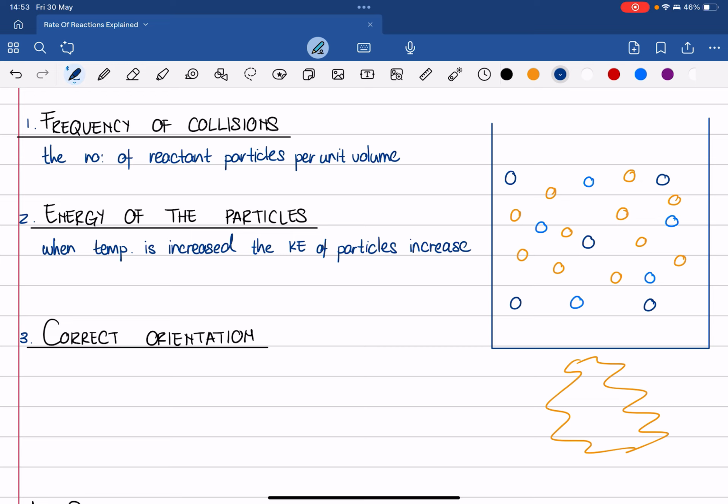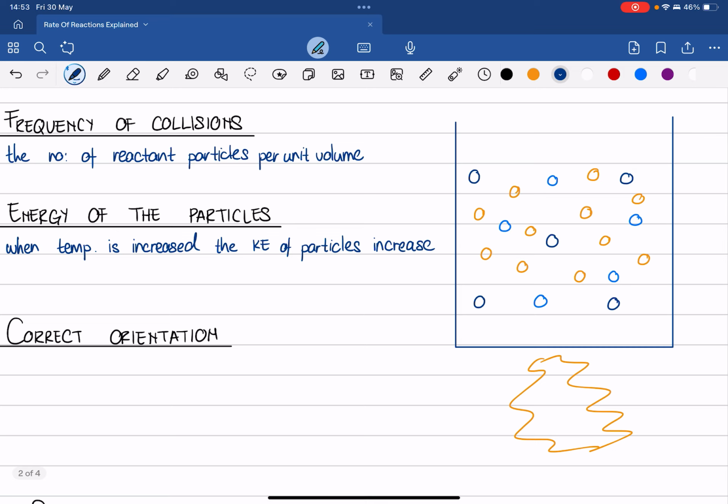Okay. And then why is this beneficial? So why is it beneficial for us that the kinetic energy of these particles increase? Because what you'll realize is that even though you have a lot of particles, if the particles are moving very slow, it takes too long for it to bounce there and bounce there and bounce there, which means you're going to have a slow rate. But when you increase the energy of the particles, you're going to have particles moving very rapidly like that. And the more rapidly they are moving, the more collisions we have.